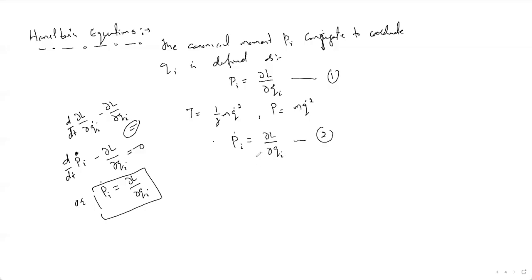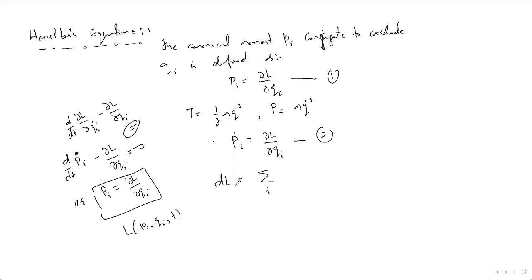Now let me define the variation of the Lagrangian, dL. This Lagrangian L is a function of qi, q dot i and t.